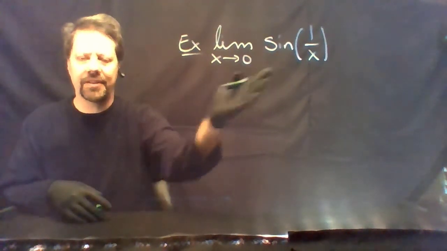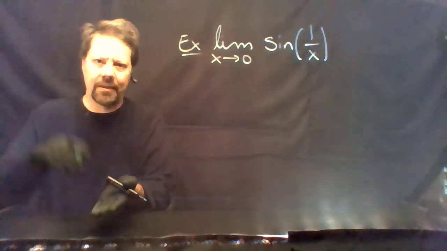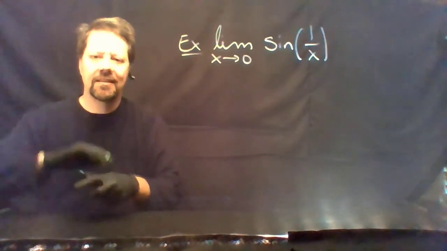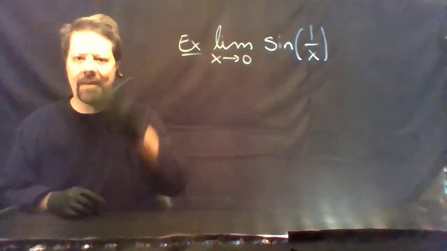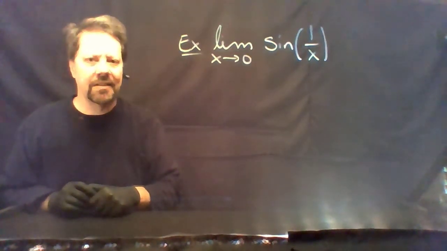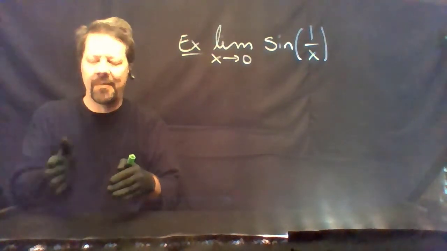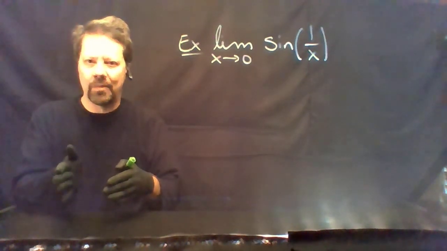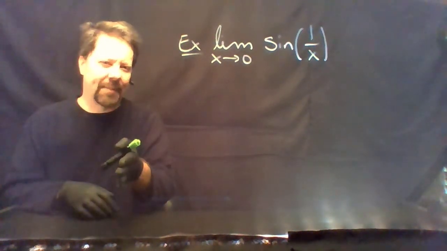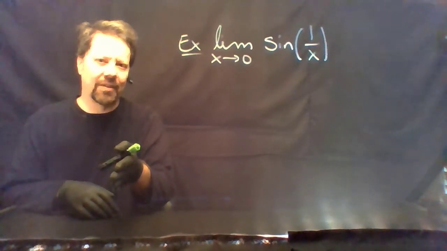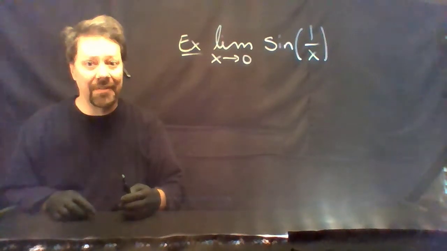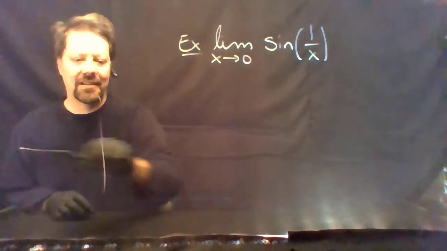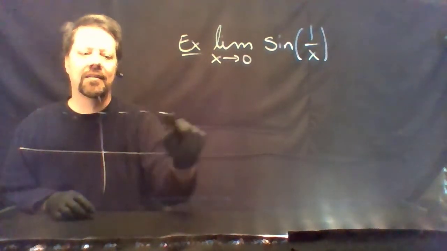Sine is a bounded function going between negative 1 and 1. So make your minimum y minus 1 and your maximum y positive 1. The minimum x negative 0.1, the maximum x positive 0.1. Now, if you've done this correctly, you should get something like this.